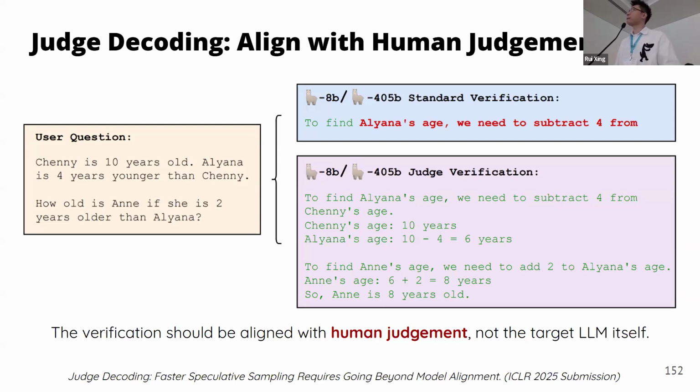In this way, if we apply the 405 billion model as the judge, judge verification means that we replace the strict verification requirement with some kind of verification strategy that aligns with human judgment. In this scenario, a large part of draft tokens pass the verification: instead of 2 tokens under the strict requirement, a large bunch of tokens, like 20 or 30, pass the verification.